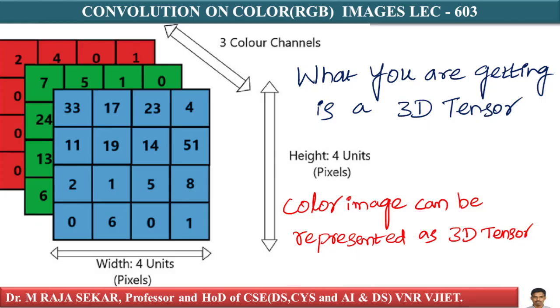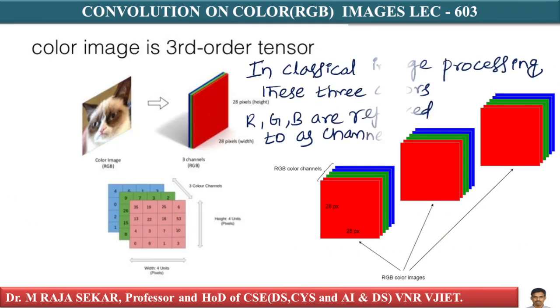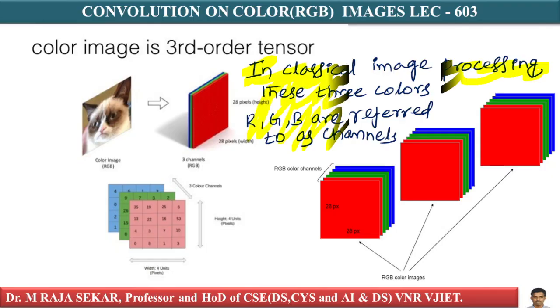Now, in classical image processing, what are those three colors? Red, green, blue, RGB, are referred to as channels. This comes from the old terminology of signal processing and communication.